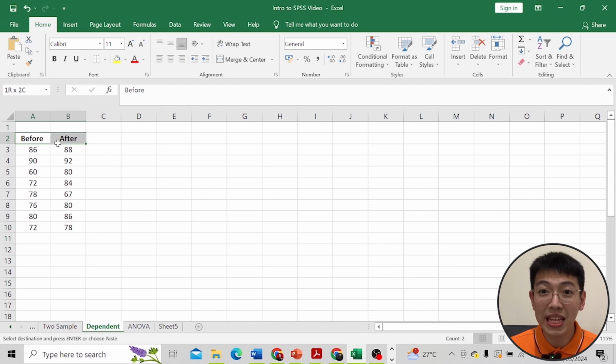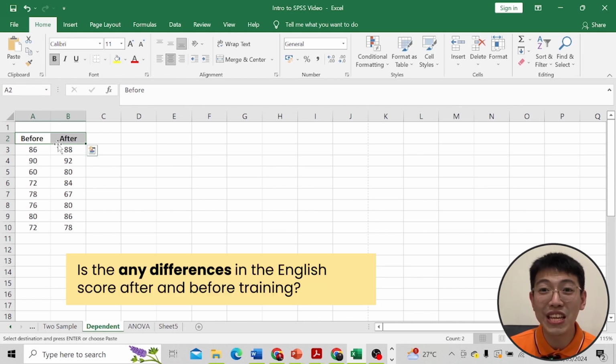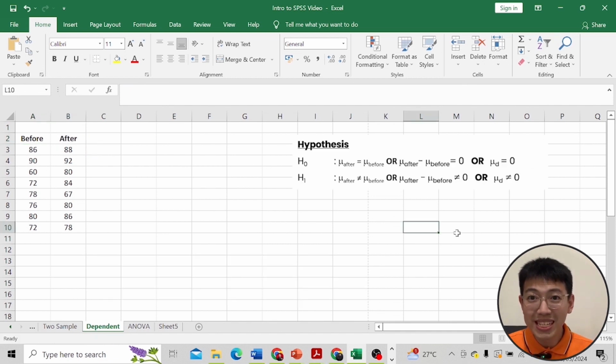So I have the data about English score before training and after training. I want to know whether there is any difference in the English score after training and before training. This is the hypothesis. Since the keyword is difference, the H0 will be mu after equal to mu before.